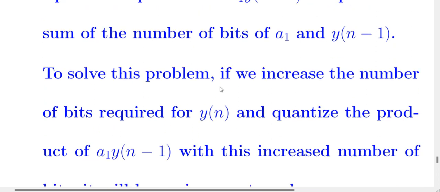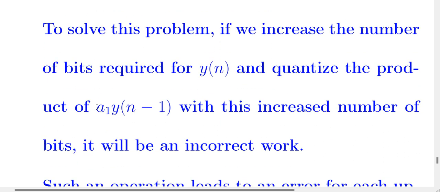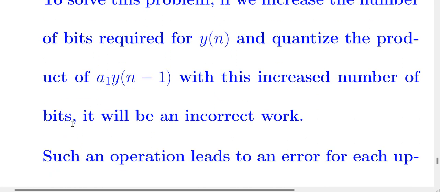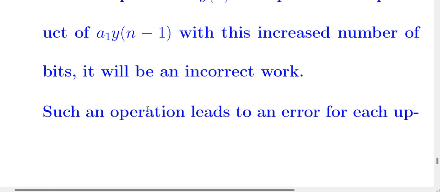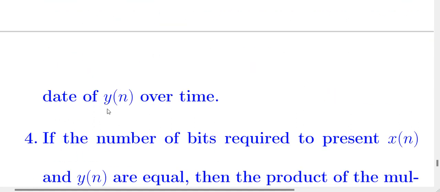To solve this problem, if we increase the number of bits required for y(n) and quantize the product of a1 times y(n minus 1) with this increased number of bits, it will be an incorrect work. So what's the solution? What should we do? Such an operation leads to an error for each update of y(n) over time.